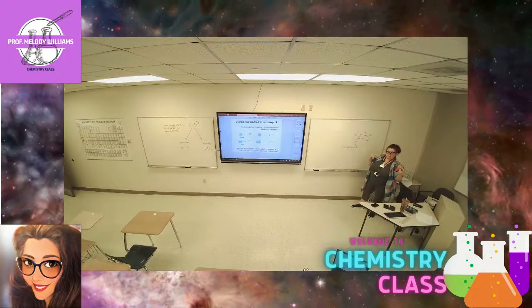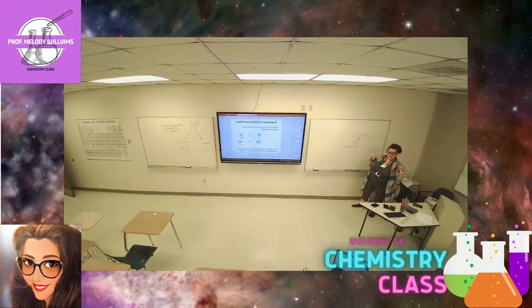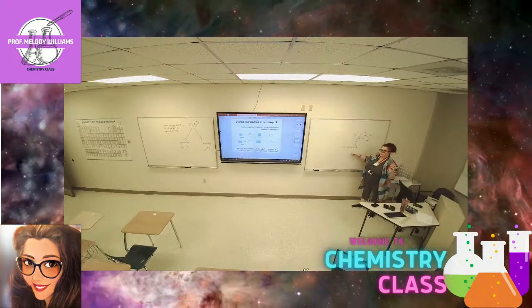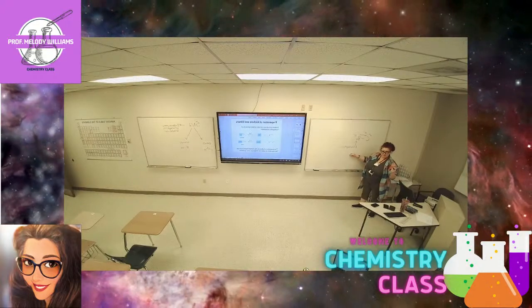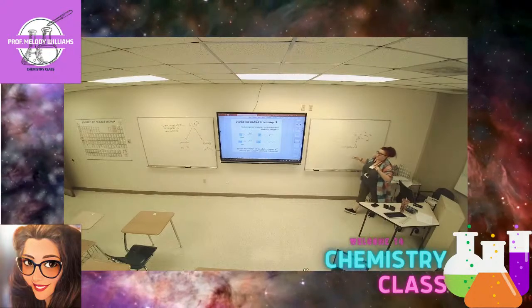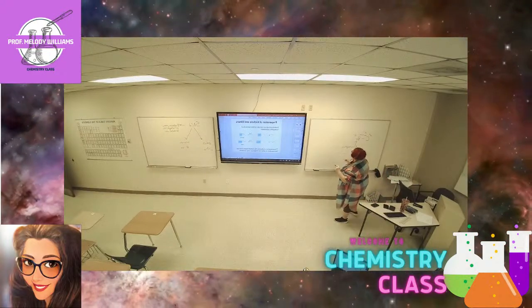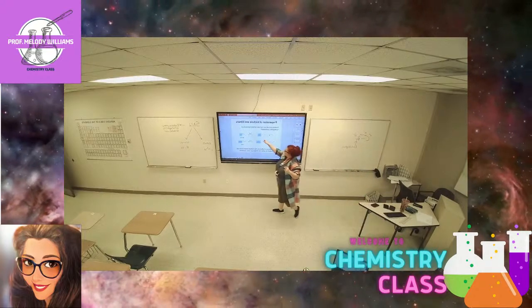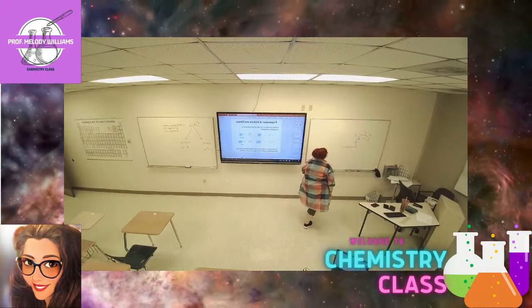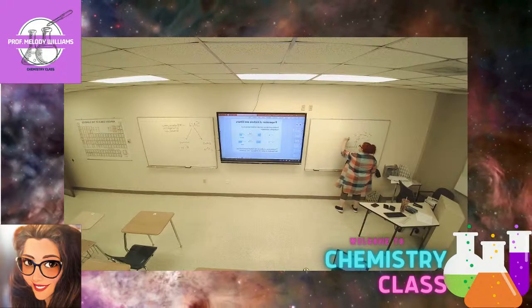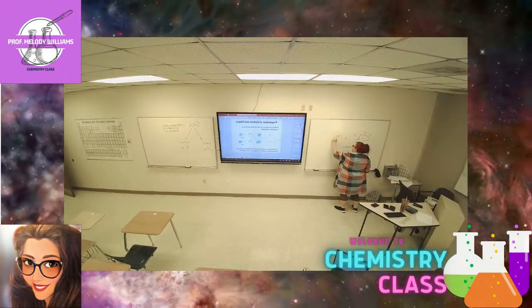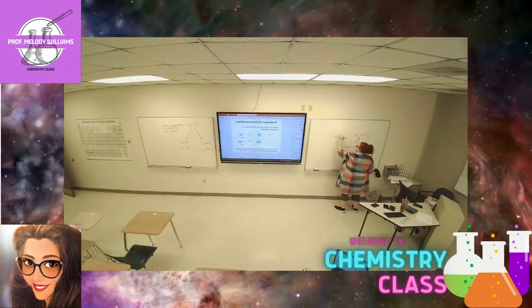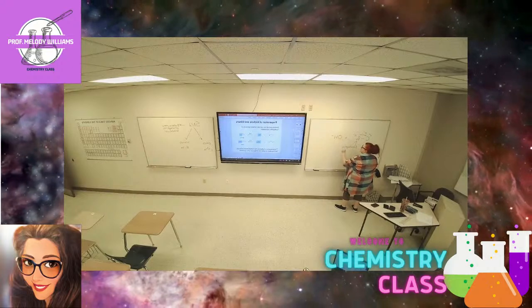So when we're dealing with a nucleophilic substitution, we're swapping out nucleophiles, right? So this is our nucleophile. So in this case, we've got an alcohol coming along. There's all these electrons on here, right?